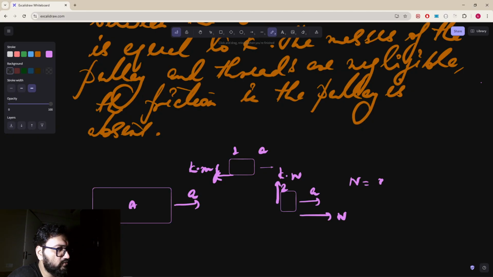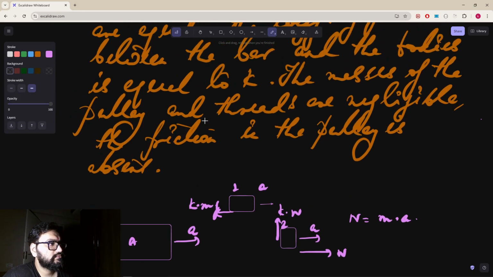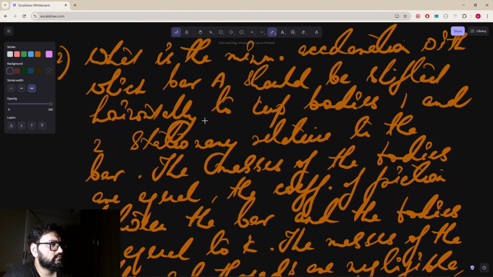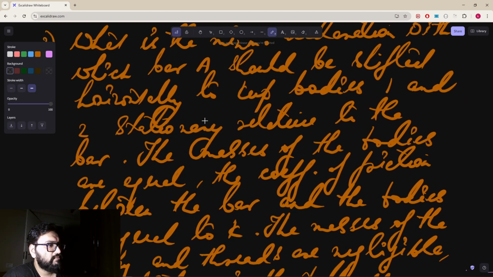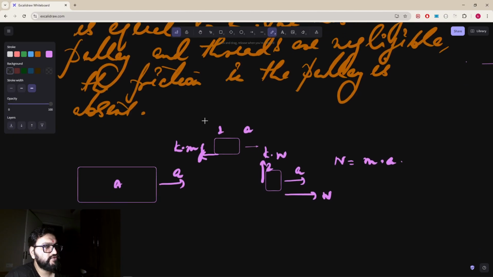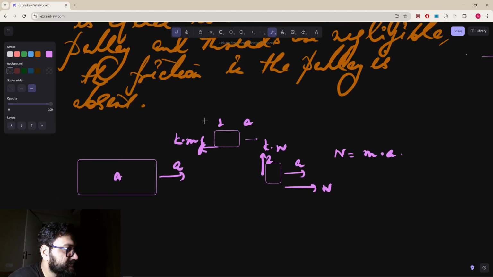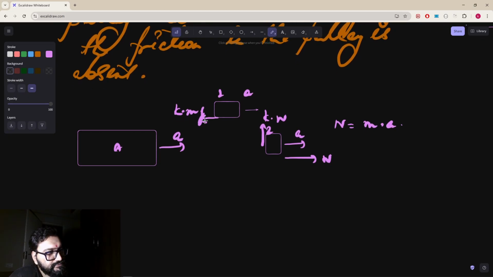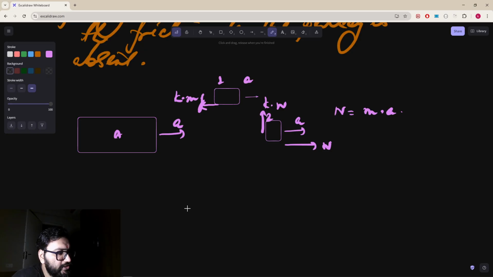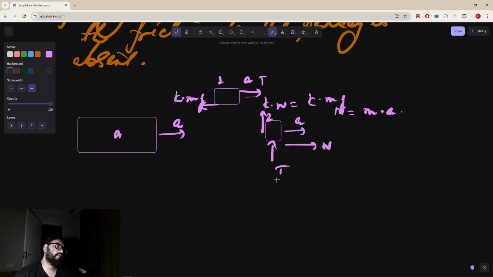So N has to be equal to m times a. By the way, I have been given that the masses of body 1 and body 2 are the same. So the frictional force effectively on body 2 turns out to be k times m into a. There would be some tension, right? The tension on body A is T in the rightward direction, on body B it is T in the upward direction.